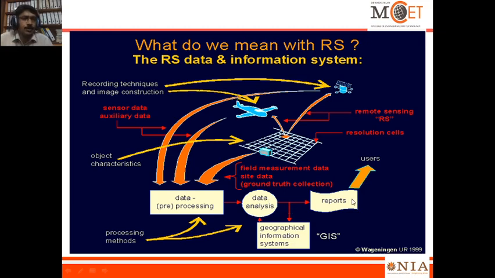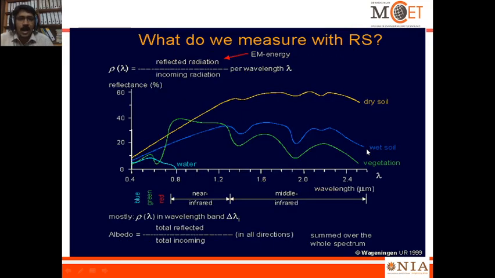The reports get produced and sent back to the user who requires them. And the remote sensing data totally depends upon the electromagnetic energy incoming from the sun or the energy source, and how much gets reflected back.